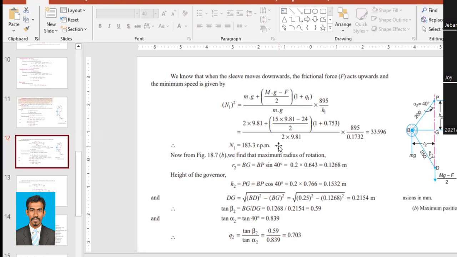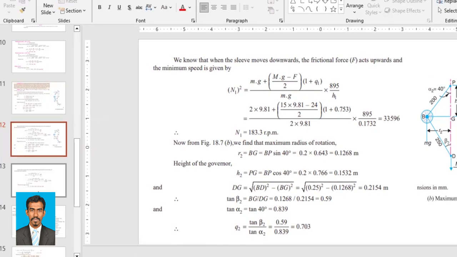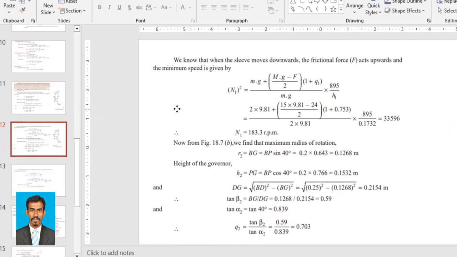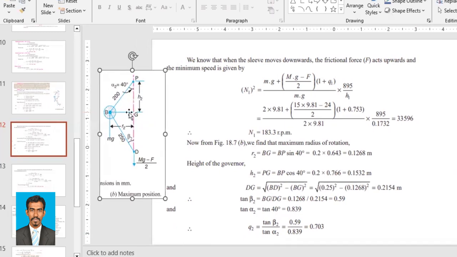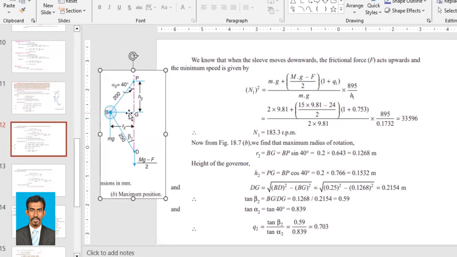Now we are going to find it for the maximum condition. We will now draw or consider the maximum position. We'll replace all this r, h, everything with 2: r2, h2, tan beta 2, tan alpha 2, q2. In this condition, we'll find them one by one.